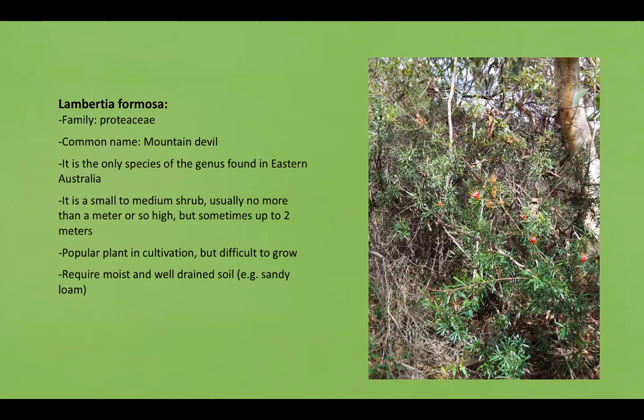The red tubular-shaped flowers occur at the end of the branches, each cluster being about 50 millimeters in length. It's a small to medium shrub, usually no more than a meter or so high, but sometimes up to 2 meters. It's a popular plant in cultivation, but it's difficult to grow. It requires moist, well-drained soil, such as sandy loam.